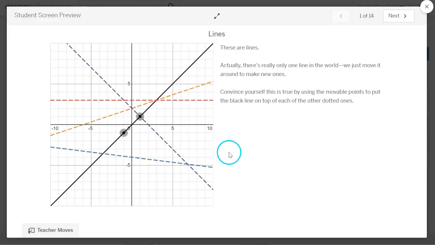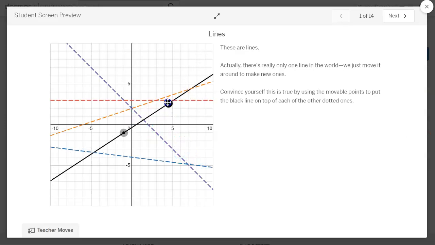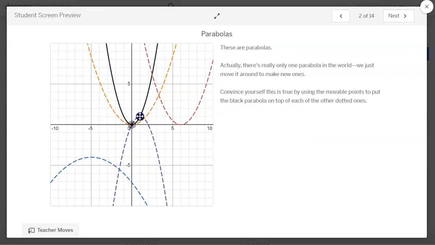It's too good. They're talking about, here's a line, there's really only one line in the world, but we can move that one line around to create all the others. And so on this screen, all they're having to do is show that they can line this up with all of these, and that's technically all they're doing. Same here, this parabola can be adjusted.